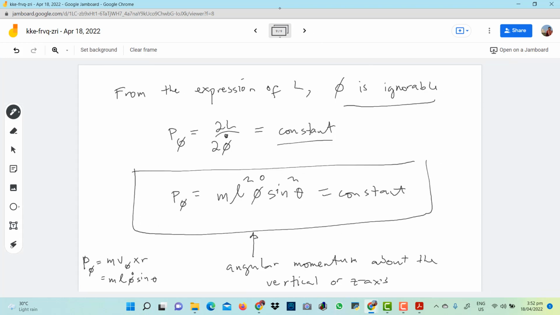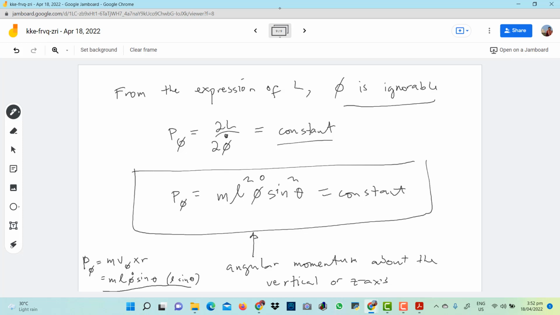So times L sine of theta, you will get m L square phi dot sine square theta. So the angular momentum about the vertical axis is equal to m L square phi dot sine square of theta, which is, take note, a constant. It is a constant.